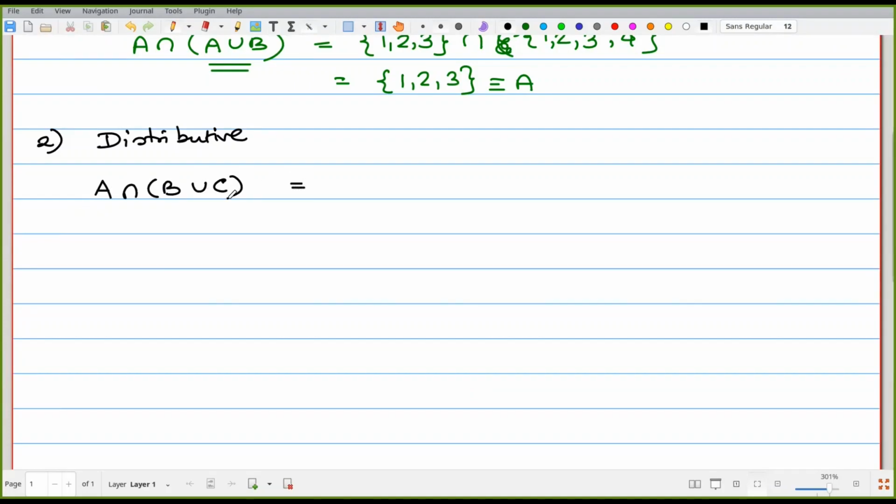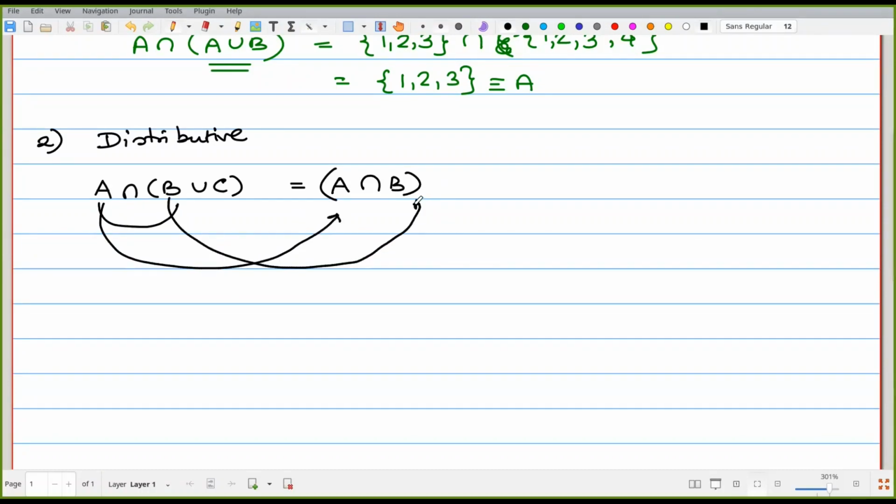Now, A is distributed over B and C. So A intersection B, that means A and B, that A is here, that B is here, and that intersection is here.